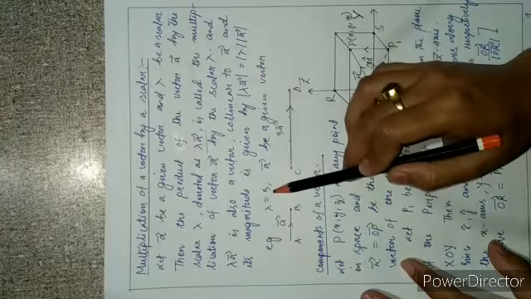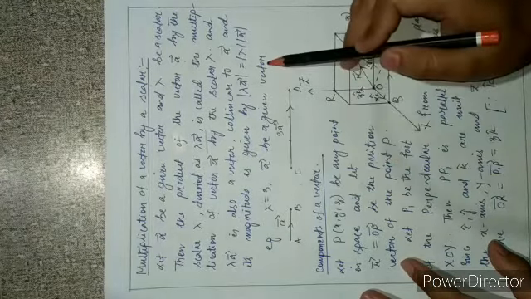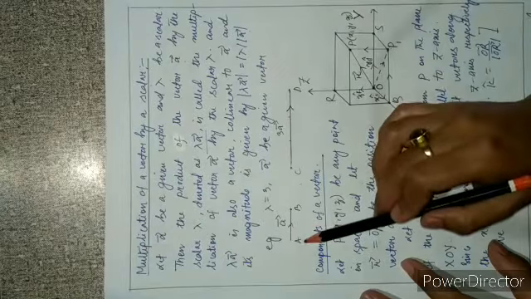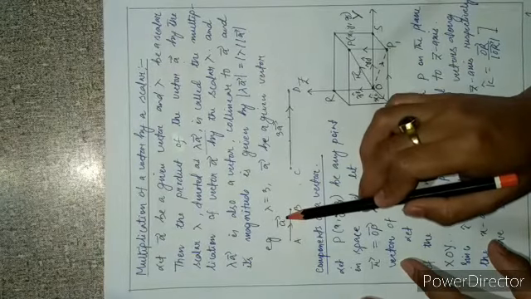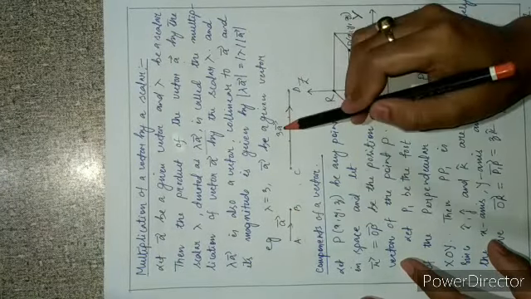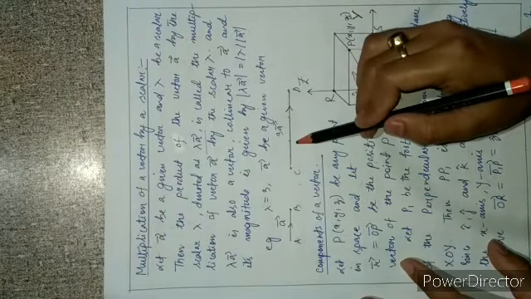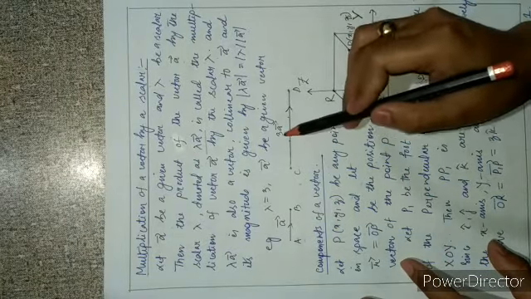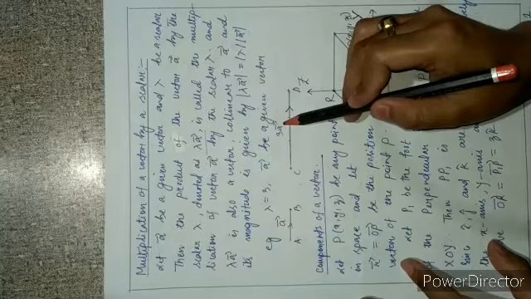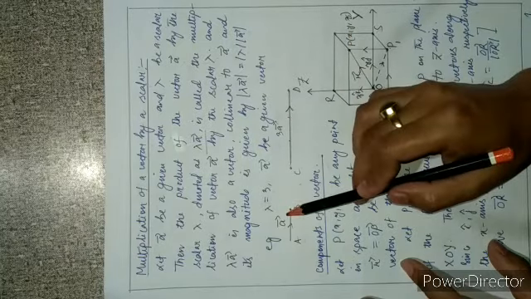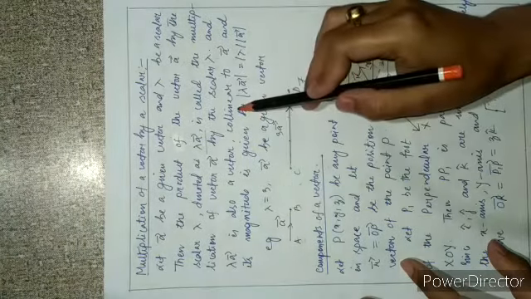Example, if lambda is equal to 3 and a vector be a given vector, and this is AB vector, represent this small letter a vector, then 3 times of a vector is a vector whose magnitude is 3 times of a vector. Here 3a vector is parallel to a vector. Parallel means collinear.